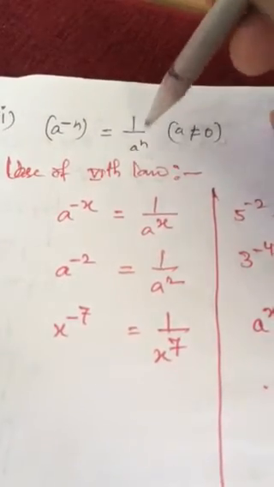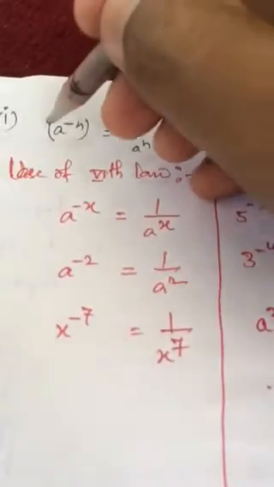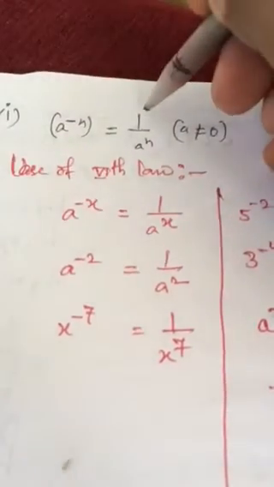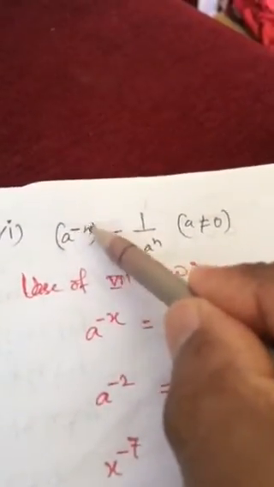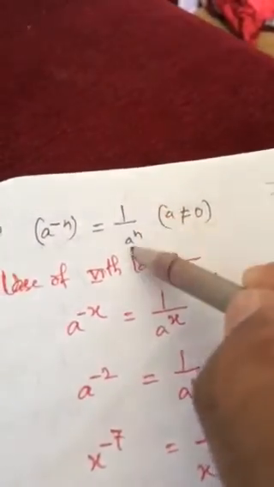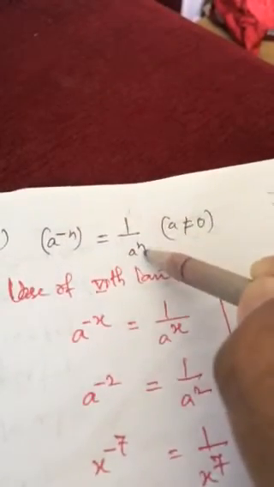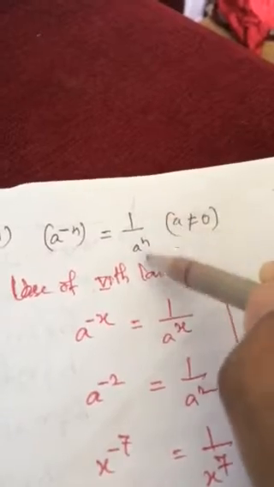Okay, it is always written in the form of a fraction. The coefficient of this base should come as numerator. Like a to the power minus n is written as 1 by a to the power n. Okay, so negative comes as positive. Okay, in this way you have to write.